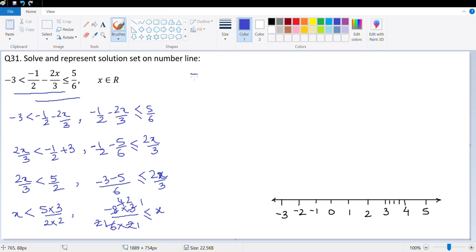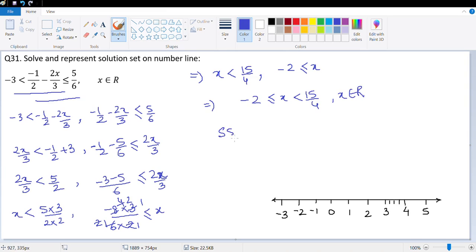So the solution currently looks like x is less than 15 upon 4, and in this case this would be negative 2 here. So negative 2 is less than or equal to x. If I combine these two, this would look like negative 2 less than or equal to x, which is less than 15 upon 4. x belongs to a real number.